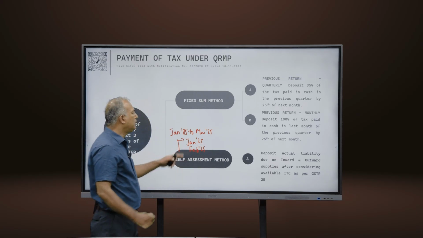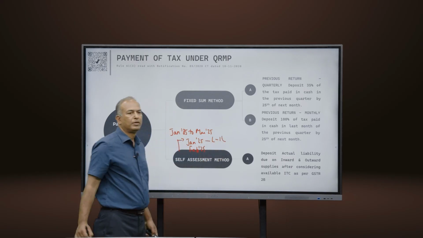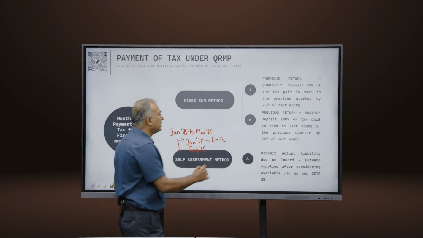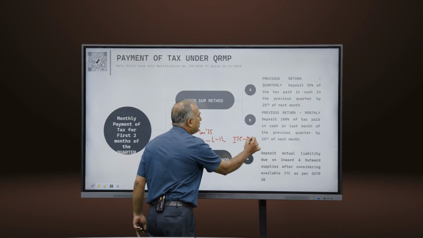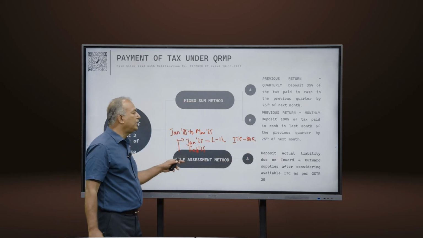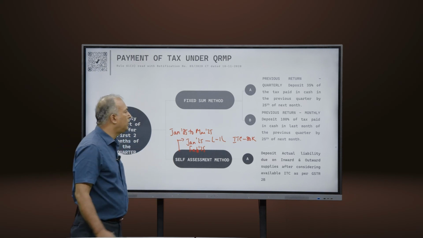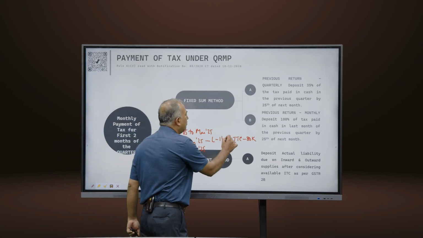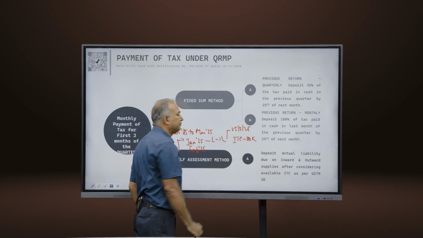Now, in the month of January, if the liability is 1 lakh rupees and the input tax credit is 80,000 rupees, to satisfy the condition of monthly payment, the taxpayer needs to generate a challan for 20,000 rupees before 25th of February 2025, that is for January.